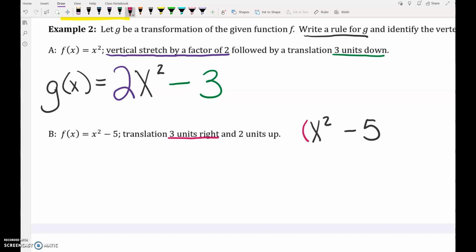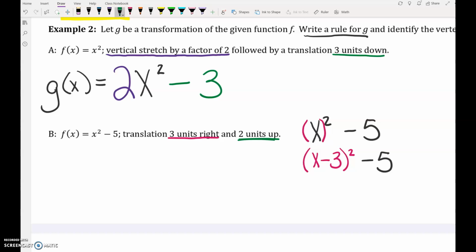So you put parentheses directly around the x, and we need to stick that 3 somewhere inside the parentheses. For right, do I use minus or plus? So we'd have x minus 3 in the parentheses. We still have the minus 5.